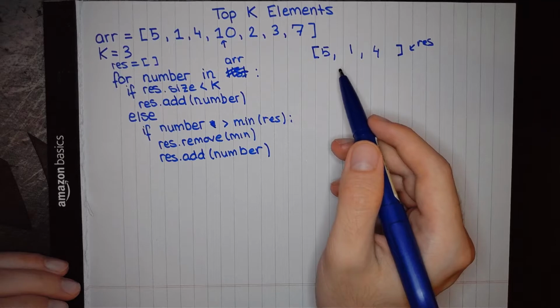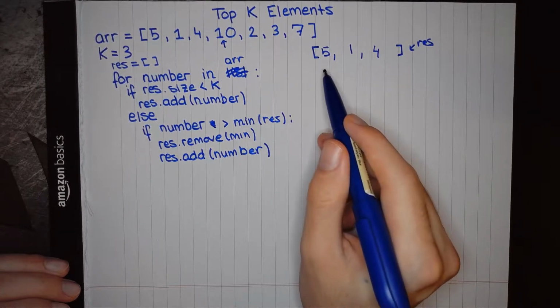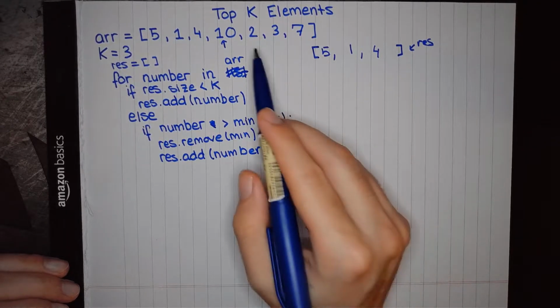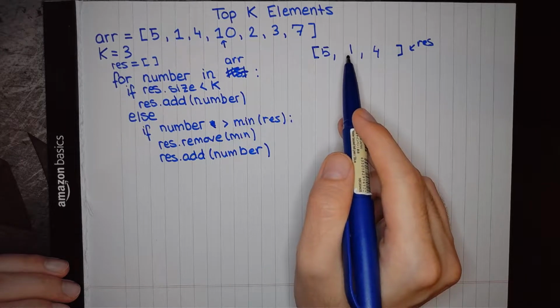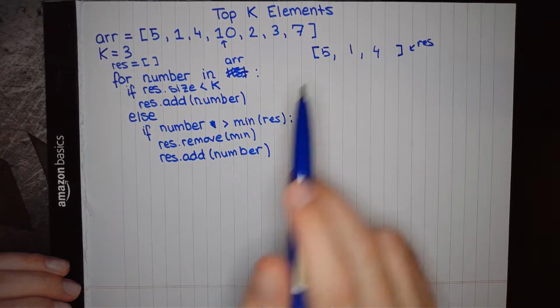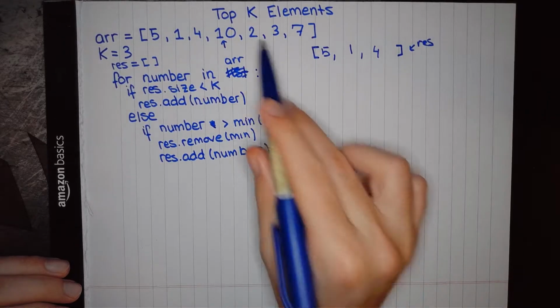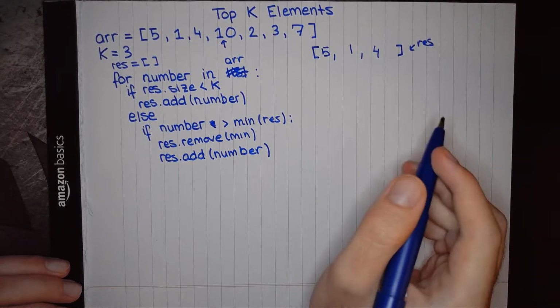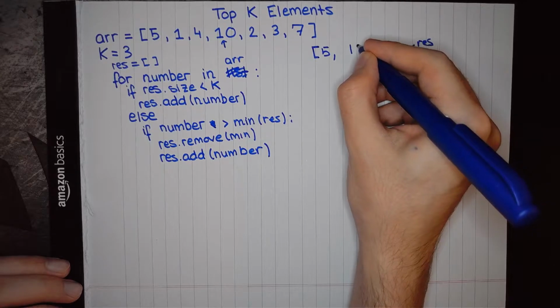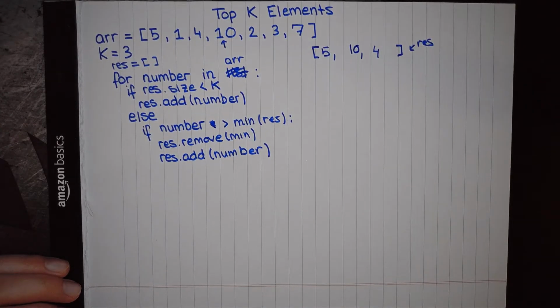Because why would I replace 10 with 5? 5 could be in the top 3, but I know that 1 is surely not in the top 3, because it just got kicked out. So we replace that 1 with 10.